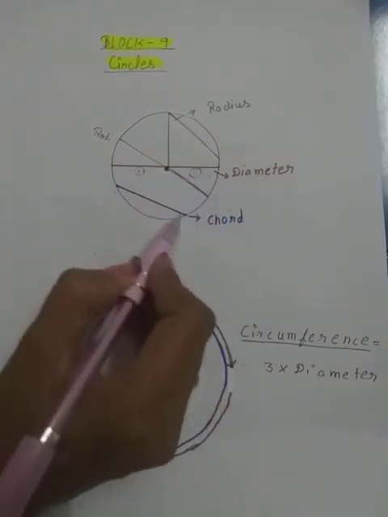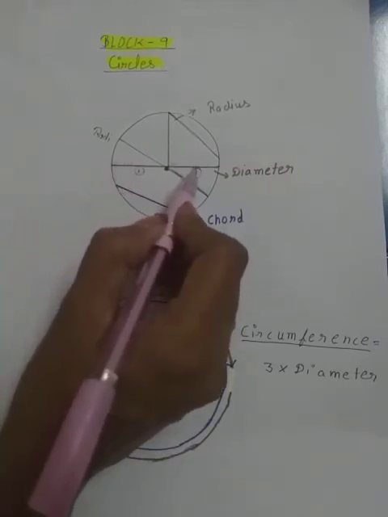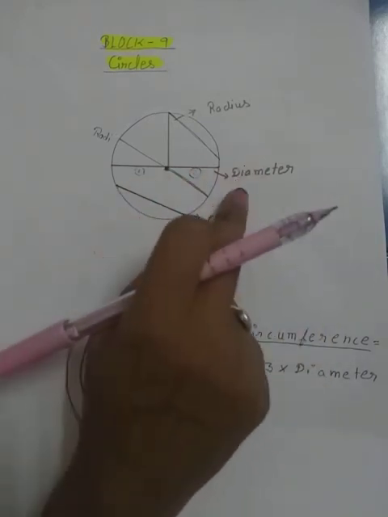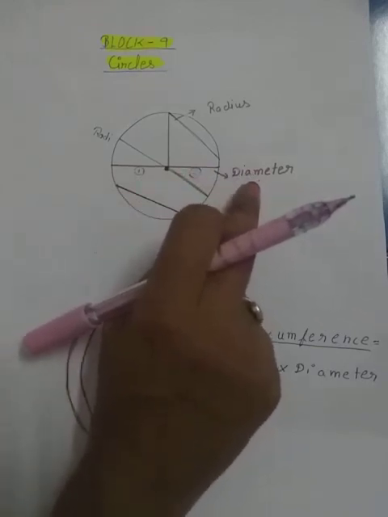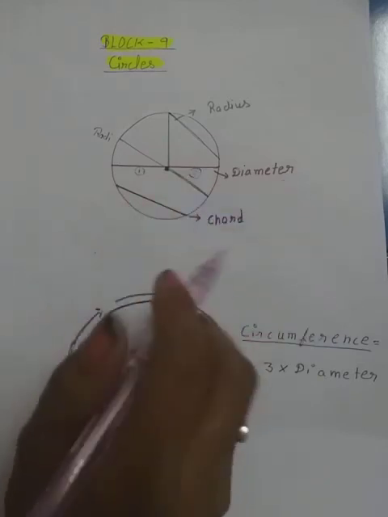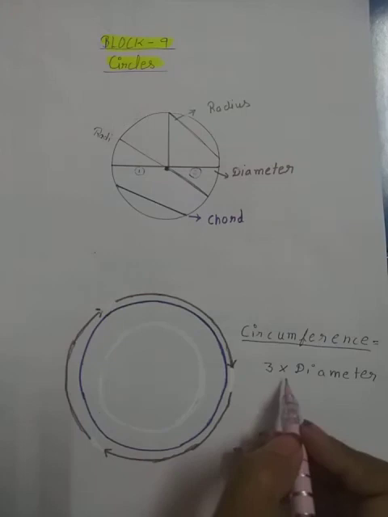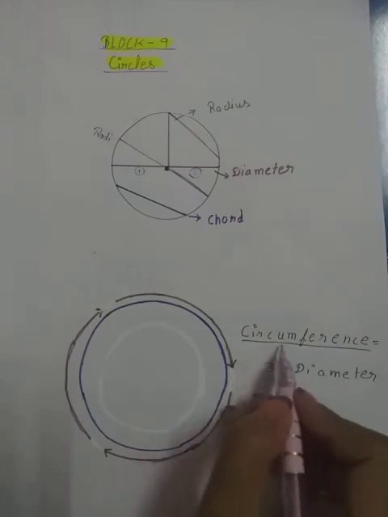If we draw these, they are chords, and the longest chord will be called the diameter. So if we multiply the diameter by 3, we get the circumference.